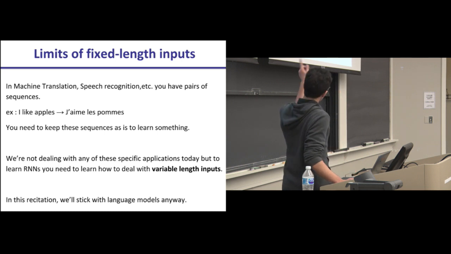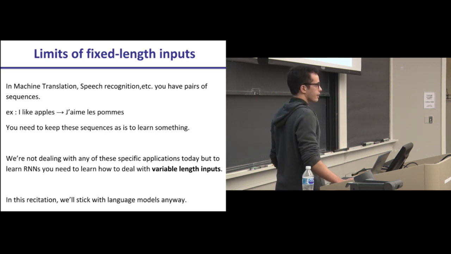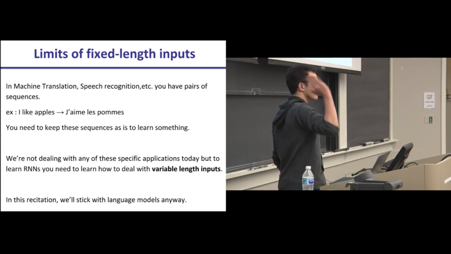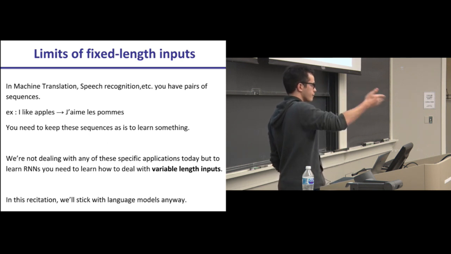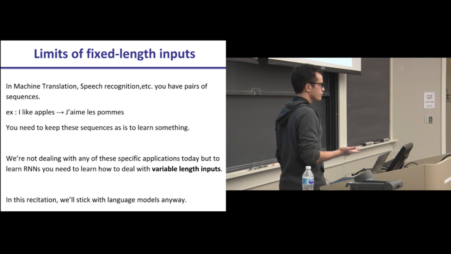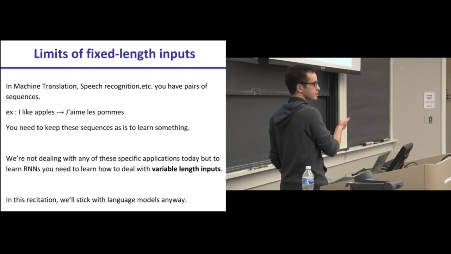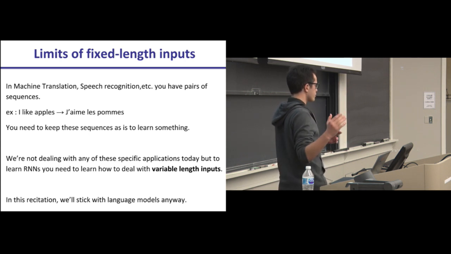So the thing is, here you've got a 3-word sentence if you do words. And if you do characters, you've got I don't know how many characters. But you can't just take chunks of this and feed it to your RNN. We're not doing translation today, but if we were, you have to deal with the input as it is.